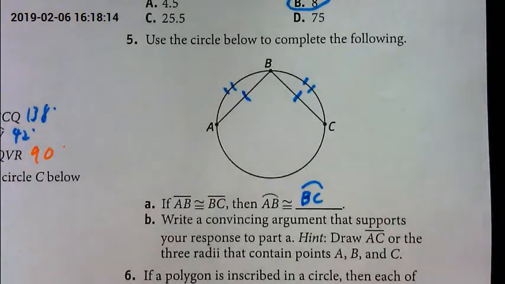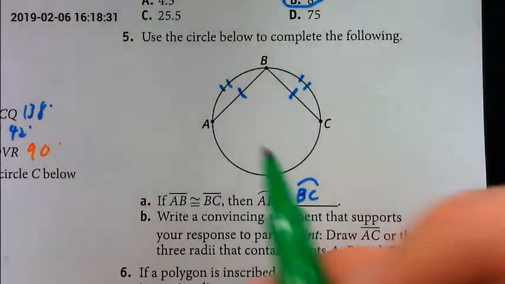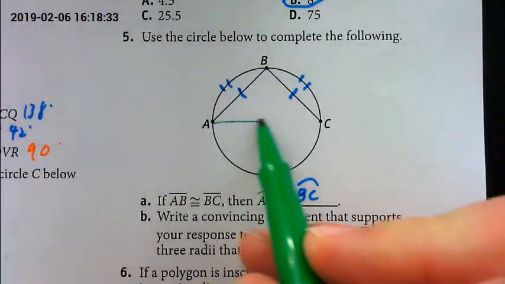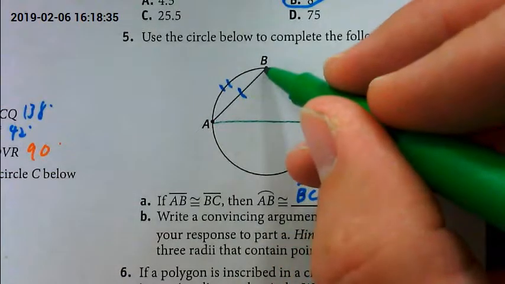All right. On B. Write a convincing argument that supports your response to part A. Hint, draw AC or the 3 radii that contain points A, B, and C. So on here, again, they give you the hint that you could draw this and you could draw this.